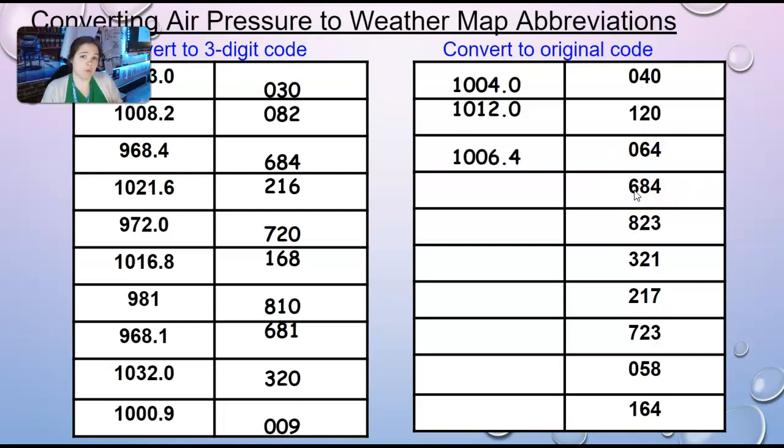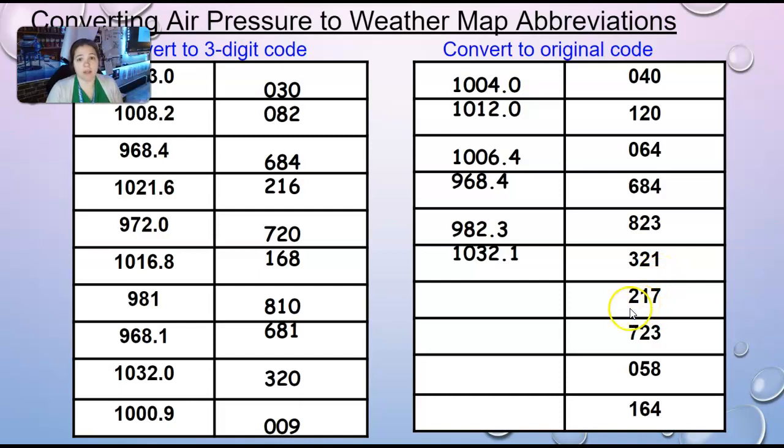6, it is more than 5, so not a 10, I'm going to put a 9 in front, so it's going to be 968.4. It's above a 5, 982.3. It's less than a 5. I'm going to put a 10 in front, decimal between the last 2. So it's 1032.1.